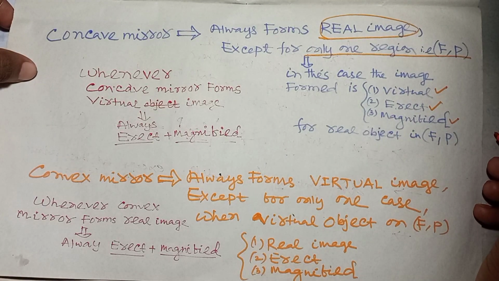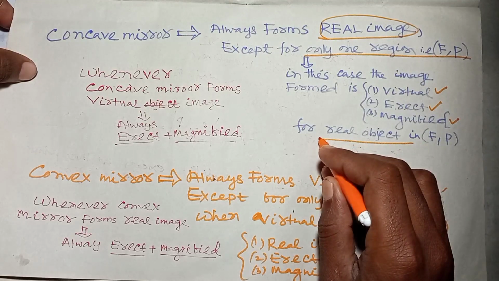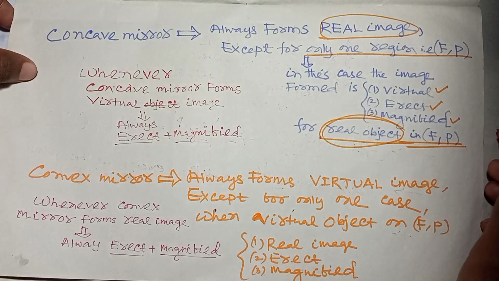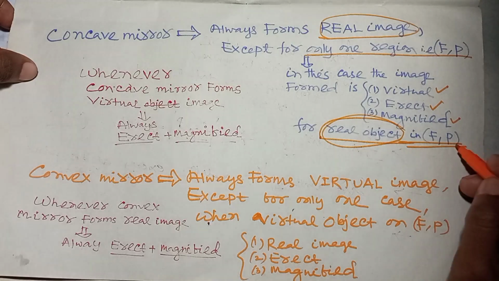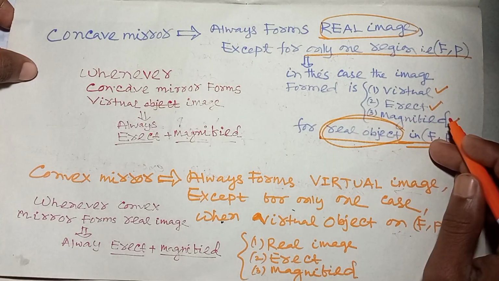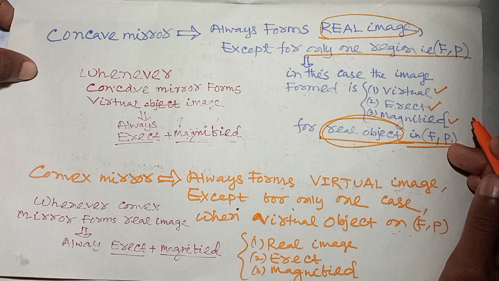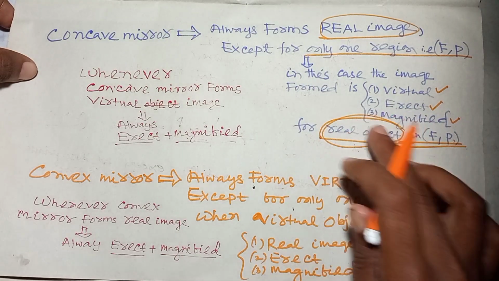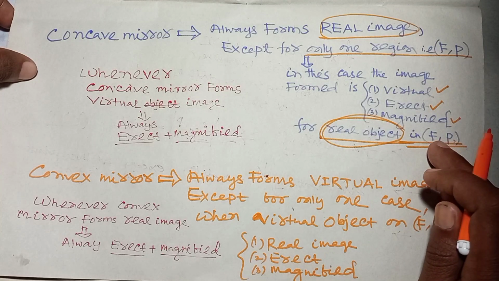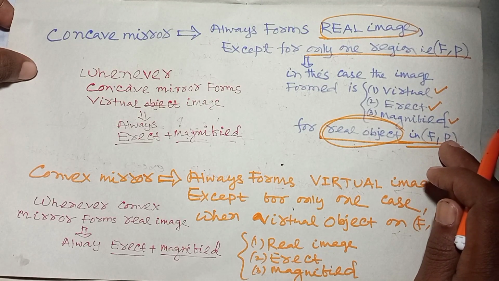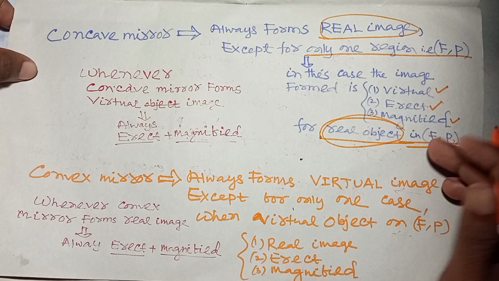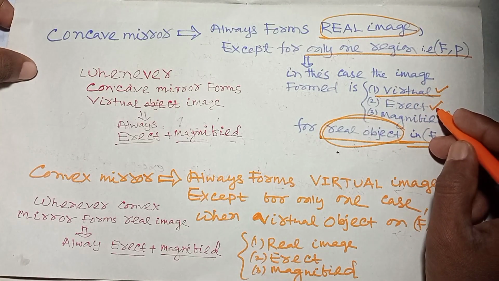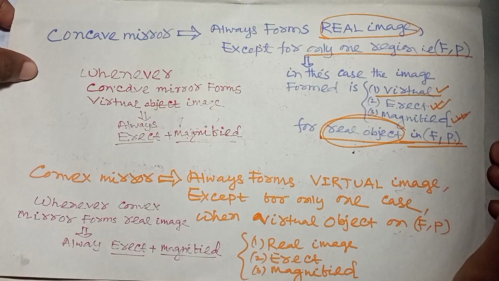And that is formed for a real object in focus to pole, in this region. For a concave mirror, when the real object is between focus and pole, then a virtual image is produced, and that virtual image is erect and magnified.